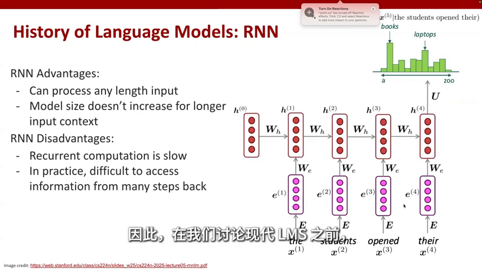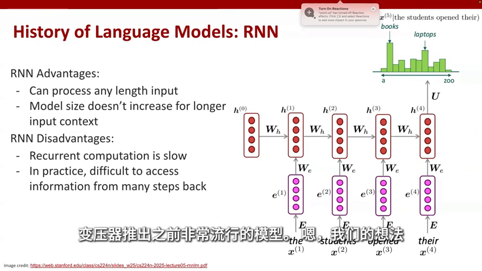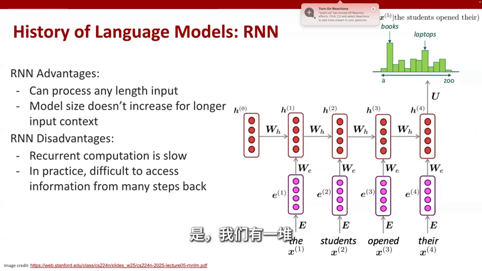So before we get into the modern LMs, I'm just going to give a brief introduction to recurrent neural networks, or RNNs. This was a pretty popular model before the transformer was introduced. The initial idea is that we have a bunch of embeddings associated with each word token. On each step, we feed that embedding into an RNN network, and we update the hidden state of that network.